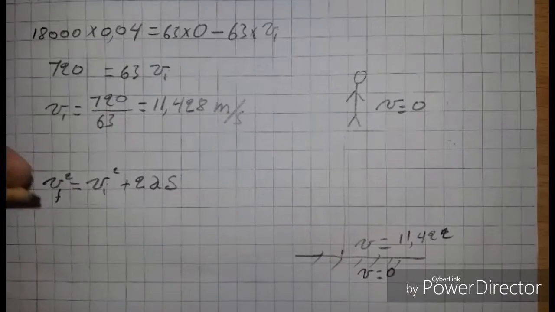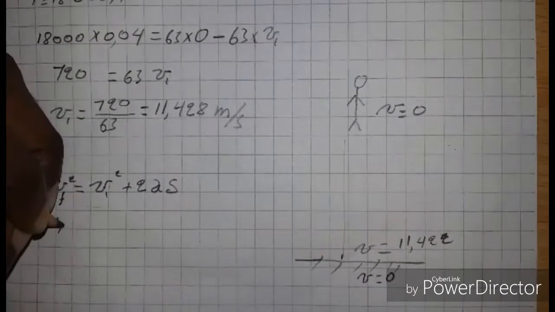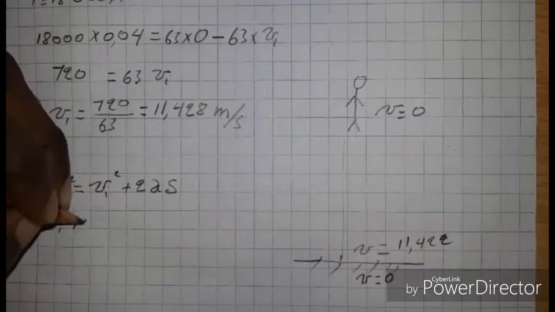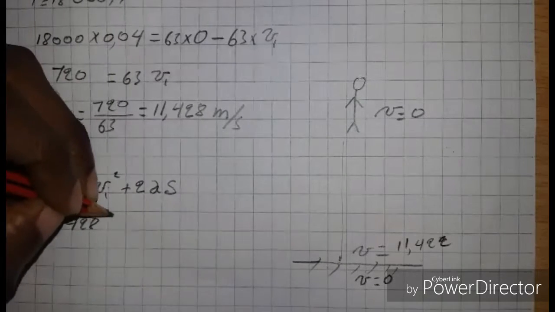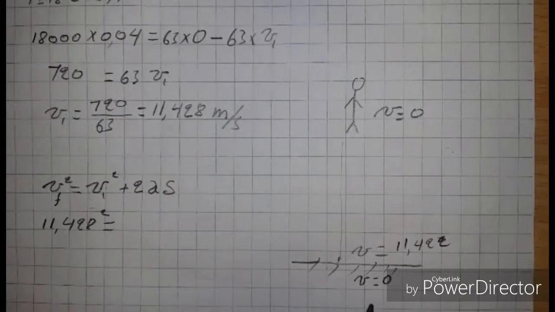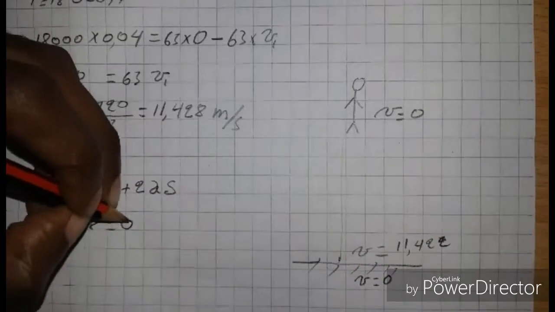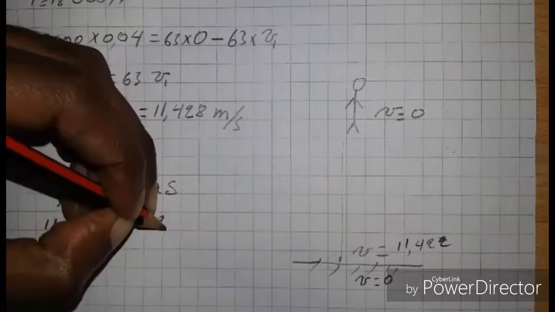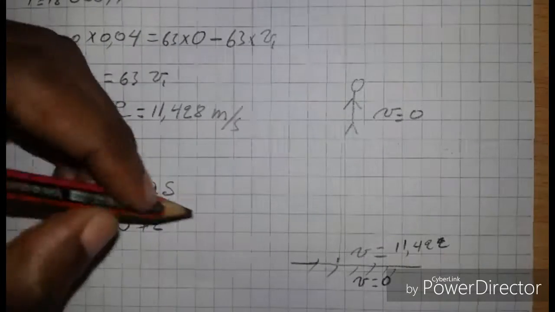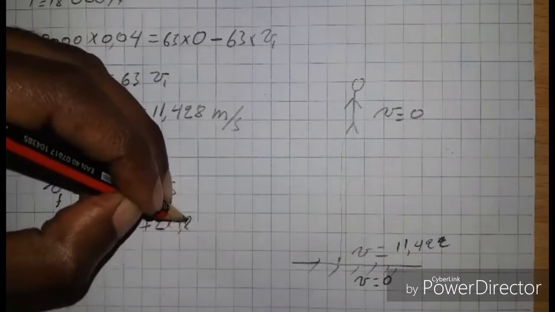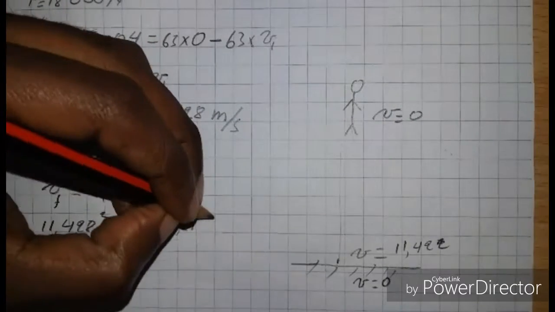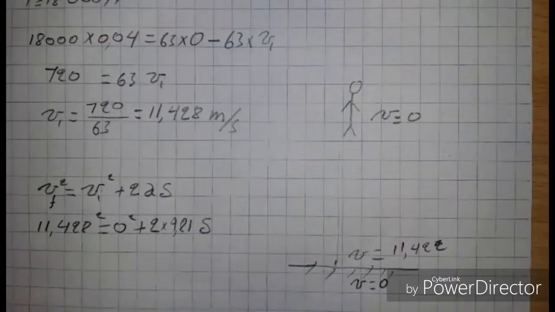It's gonna be 11.428 squared, and then the initial velocity, which is 0, plus 2 times the acceleration of gravity, 9.81, and then the space is the space that we are looking for.